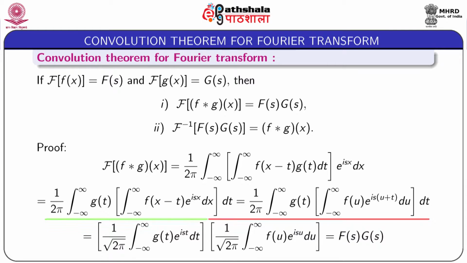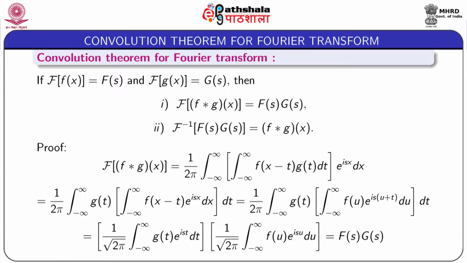Now in the inner integral we substitute x minus t as u, so that we get 1 by 2 pi integral minus infinity to plus infinity g(t) integral minus infinity to plus infinity f(u) e to the power i s (u plus t) du dt.